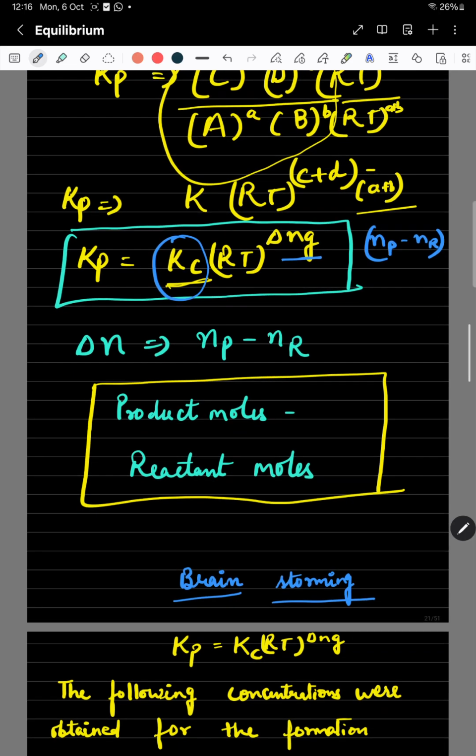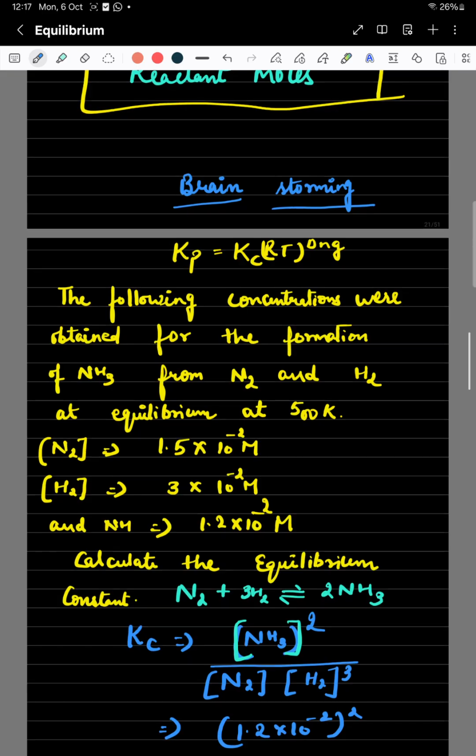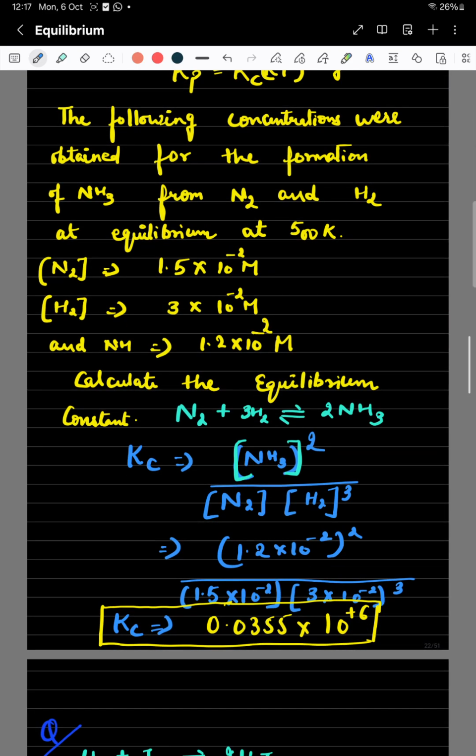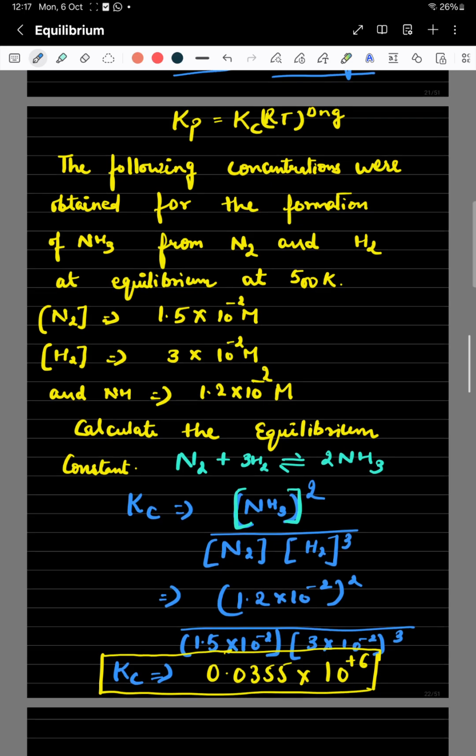You can express Kp equal to Kc RT power delta Ng. Now here there are some questions, let's discuss about that one. So we have understood the relationship of an equilibrium constant expressed in terms of pressure, equilibrium constant in terms of concentration, Kp equals to Kc RT power delta Ng.